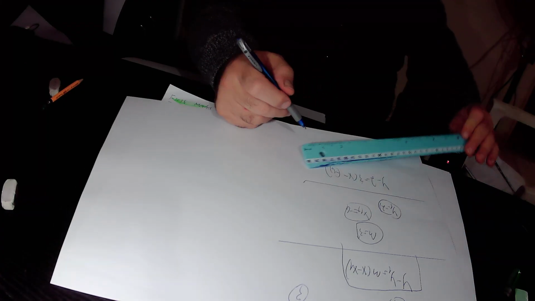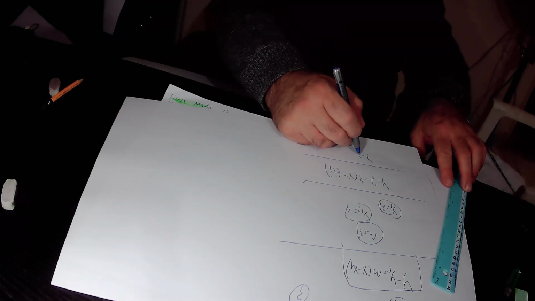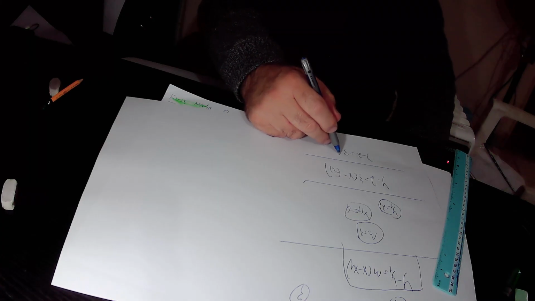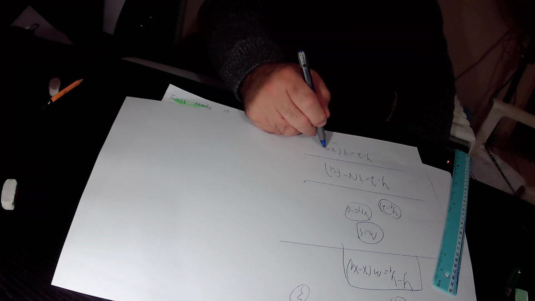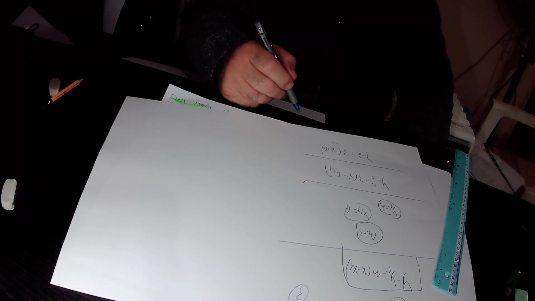So we can find out that y minus 2 equals 3 times x plus 6. So in total we found out that y minus 2 equals 3 times x plus 6.